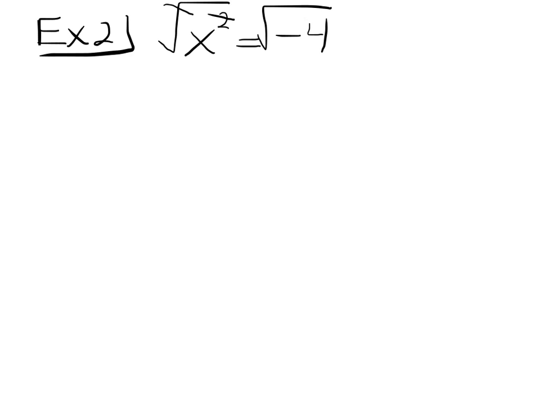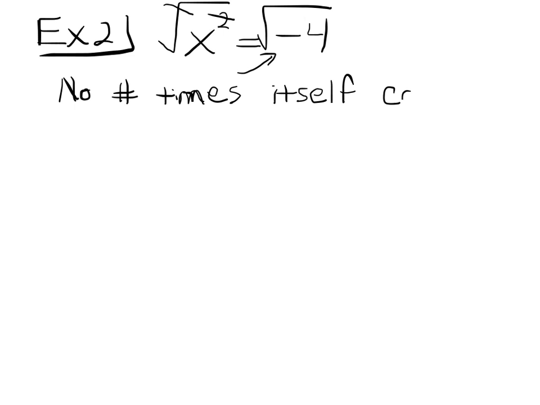Okay, and it'll say something about an error or no real answer, depending on the type of calculator that you have. And the reason why is because no number times itself can give you a negative number.